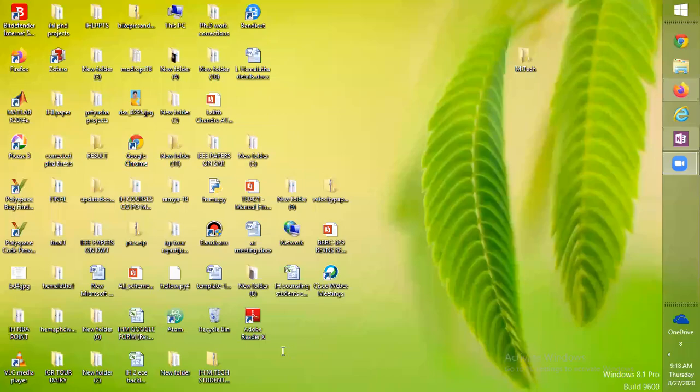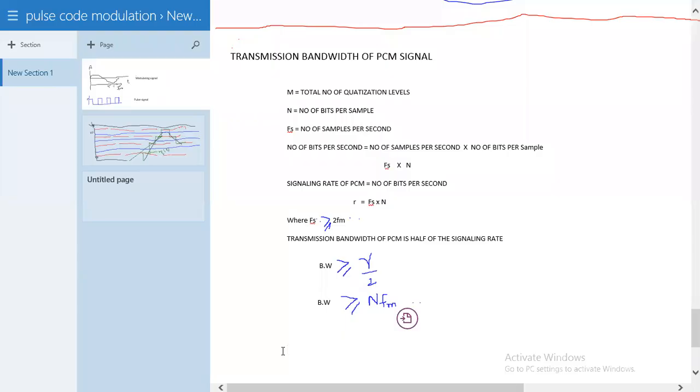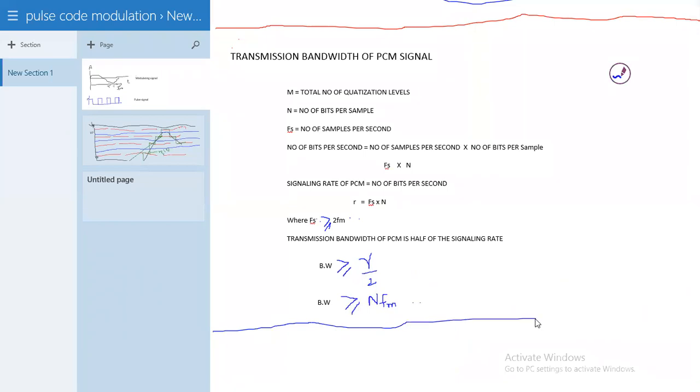What is a code word length? First we have to write the given data. What is the data given to you? Here we can write first: the television signal is transmitted with a signal having a bandwidth of 4.2 megahertz.